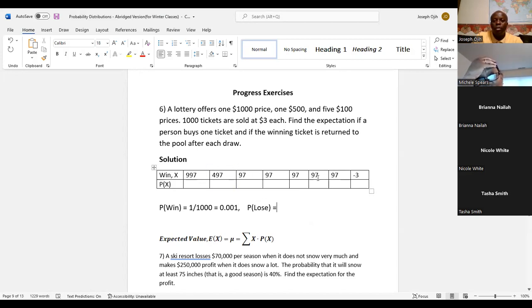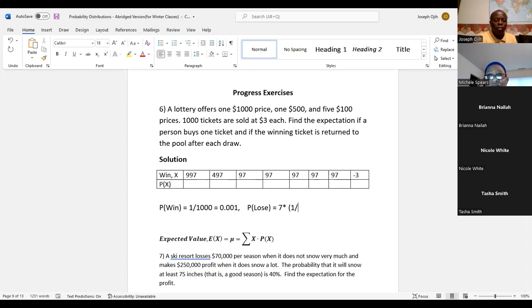So the probability that you lose will be 1,000 minus 7 times 1 divided by 1,000.